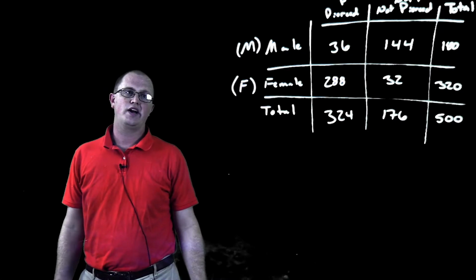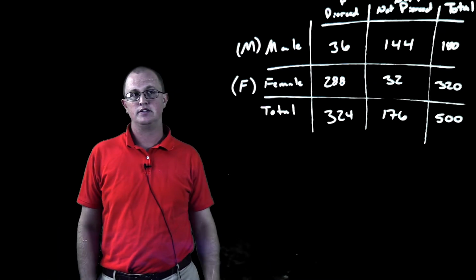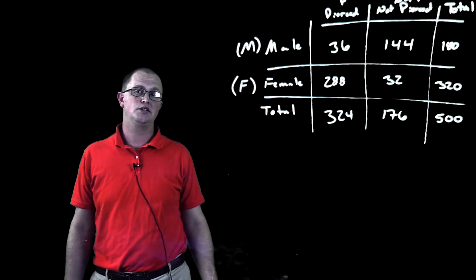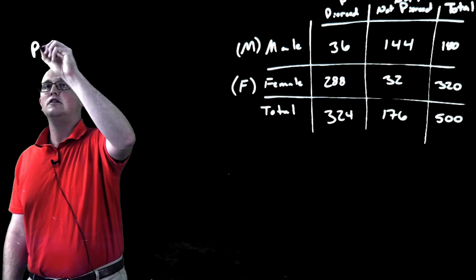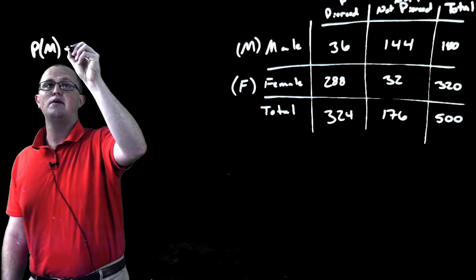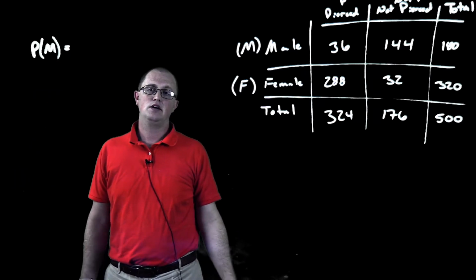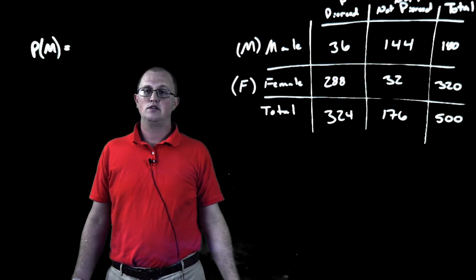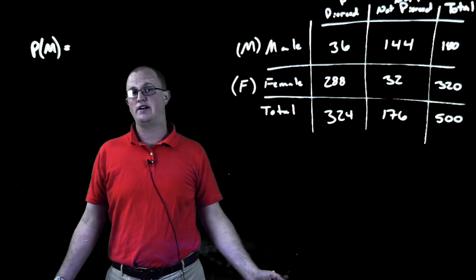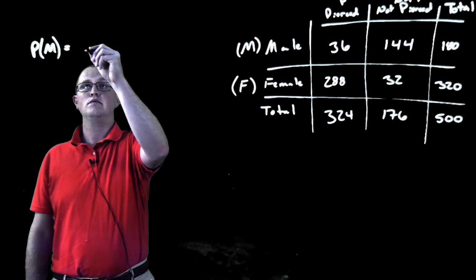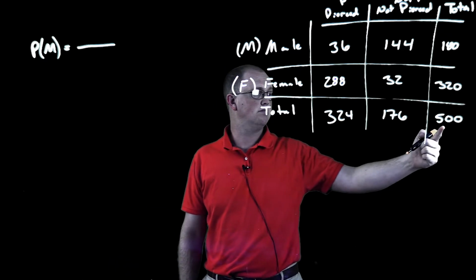So let's talk about asking some basic questions about this data. Like, what's the probability that the person surveyed was male? The probability that someone responded that they were male. Well, to do this, we say, how many people said that they were male out of every person that responded? So the total number of people who responded is going to be this bottom value here.